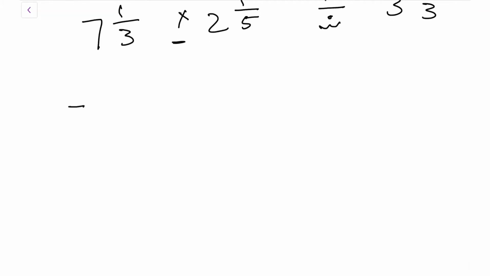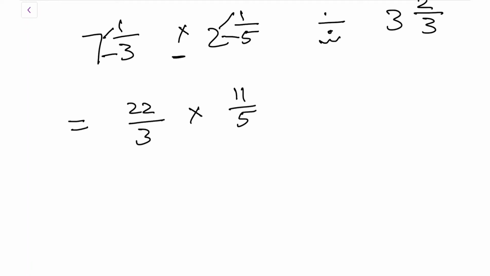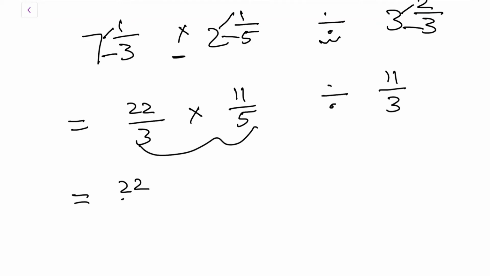So first let's change the mixed fractions into improper fractions. 7 3s are 21. 21 plus 1 is 22. 22 divided by 3 into 5 2s are 10. 10 plus 1 is 11 by 5 divided by 3 3s are 9. 9 plus 2 is 11. 11 by 3. All right. So we'll bring this as it is, 22 by 3 into 11 by 5.